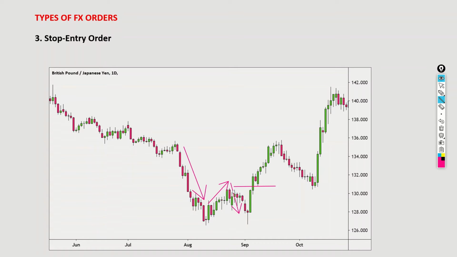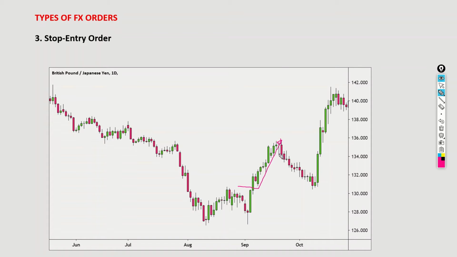So what you do is you simply set your buy order right here, and then when the price hits this level, it will keep going up. That is what we call a buy stop order. For a buy stop order, the price reaches a certain level and then it keeps going up.